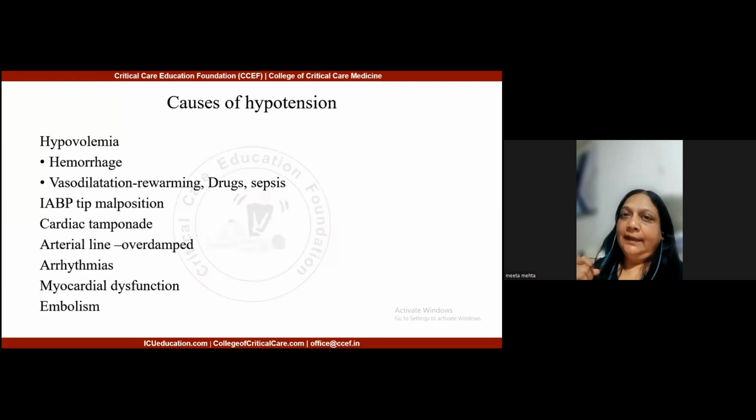So faulty ventilatory settings. If someone has put a very high PEEP or a high tidal volume, that will cause hypotension in these patients. So if none of them are there, please look at the drains. If the patient is oozing a lot from the drains, hemorrhagic shock, you need to think of heparin as the first reason and second is dilutional coagulopathy. So I think other than that, most of the things have been covered.